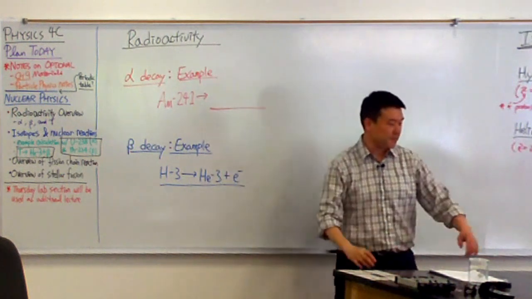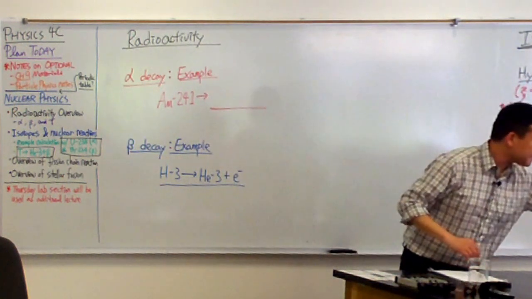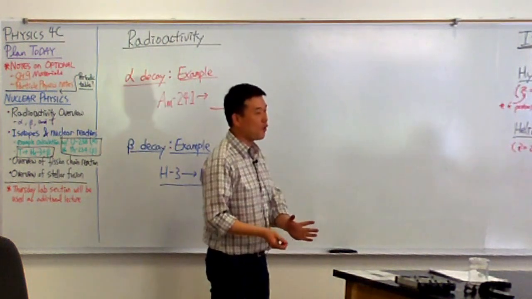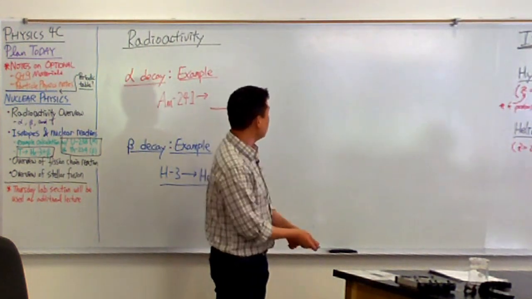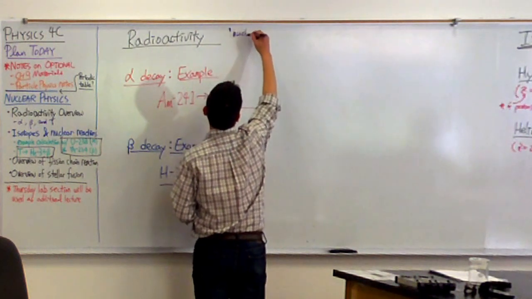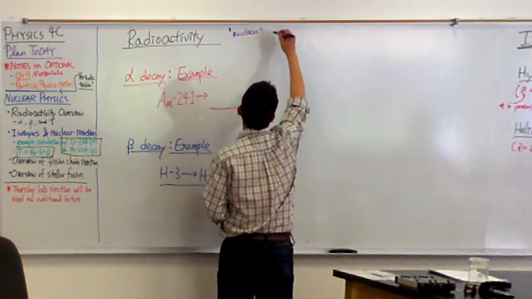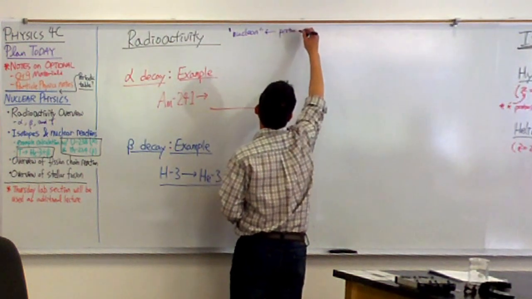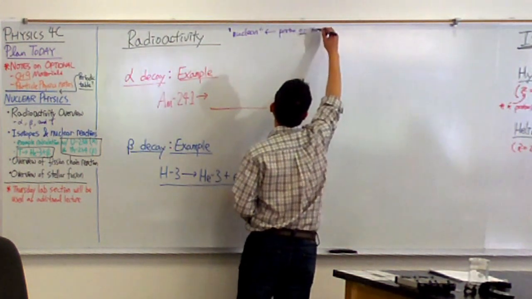That's not how it happens. I think I can tell you this: there's a conservation law of nucleons. Nucleon is the word used to refer to either a proton or a neutron.